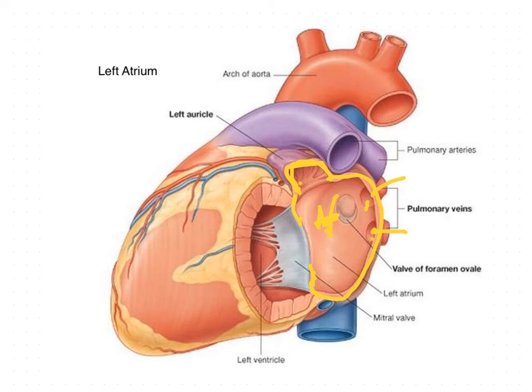So this part is the anterior wall, and this is the posterior wall, where the openings of the pulmonary veins are seen.